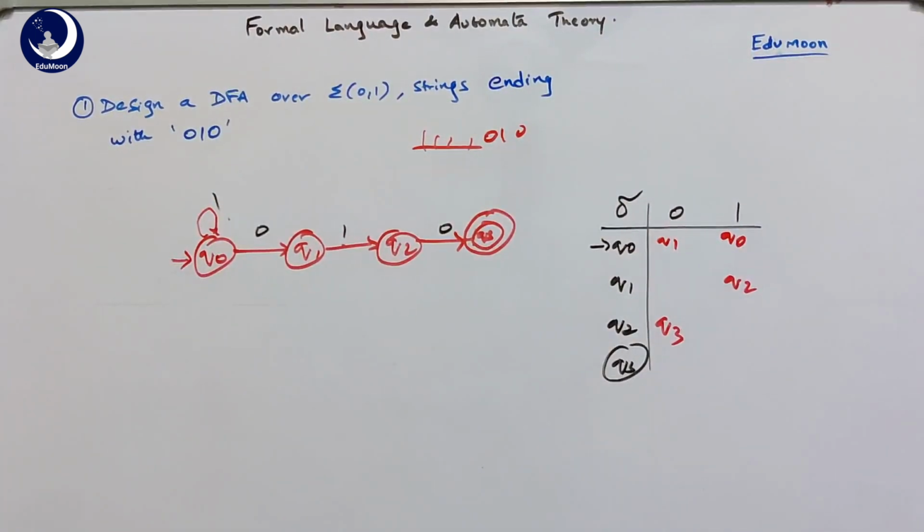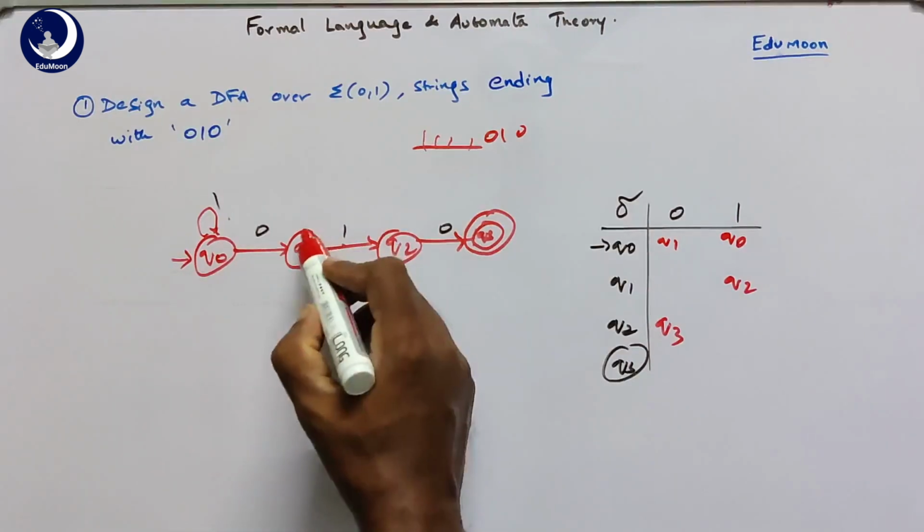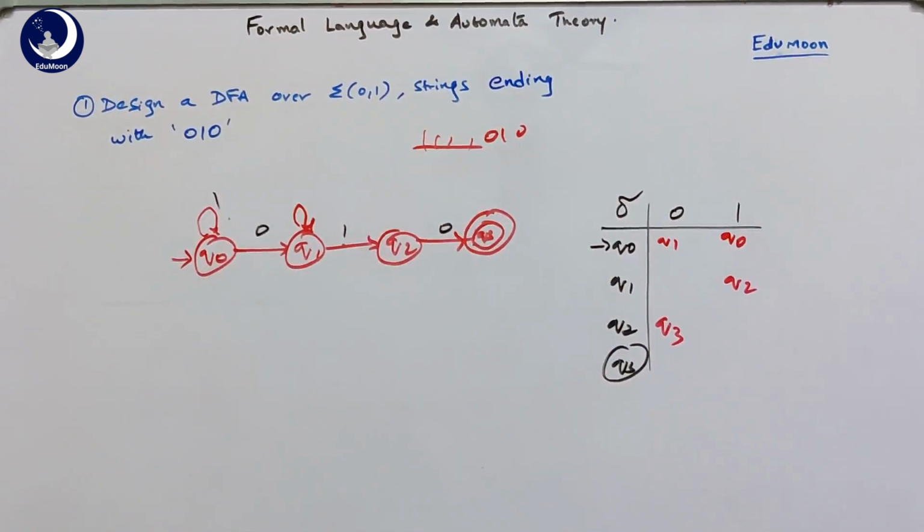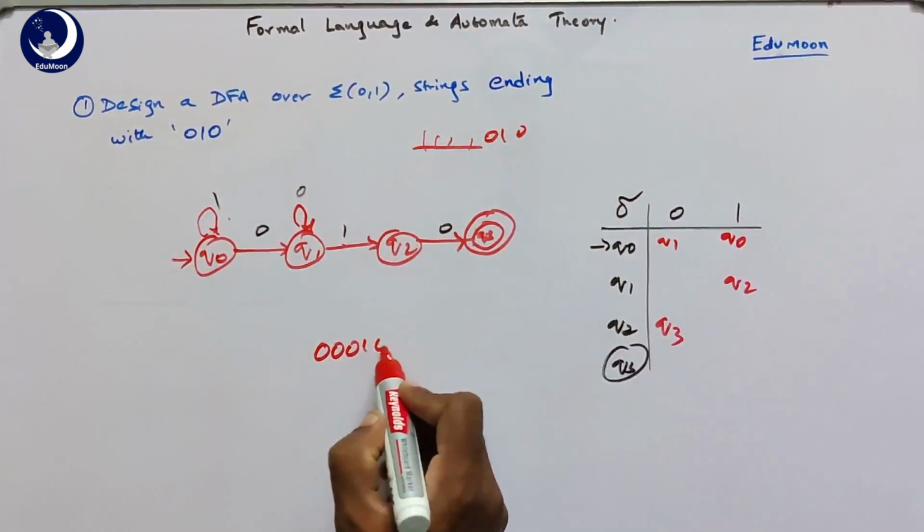For the next state q1, we are left with q1 with 0 here. Now q1 at 0 can be in the same state, but it can also go to the next state or the previous state. We can observe here that q1 at 0 can stay in the same state, because even if it has some 0 0 0 and 1 0, it gets accepted.